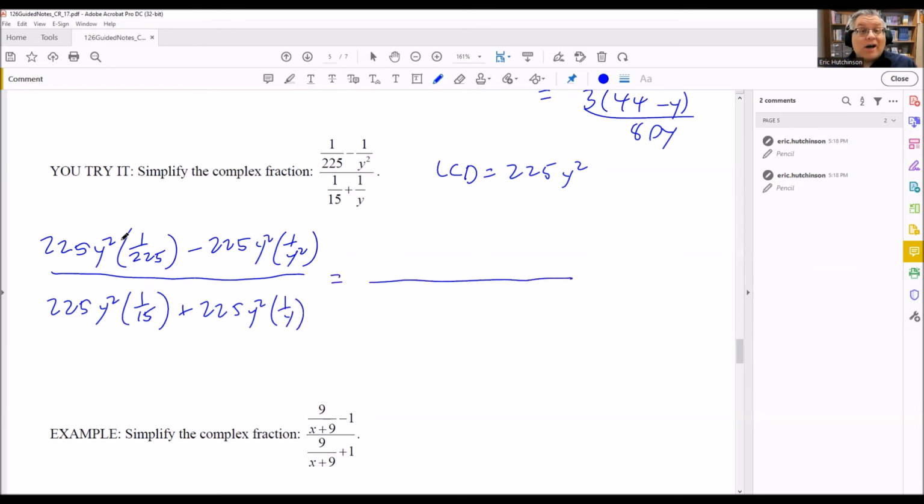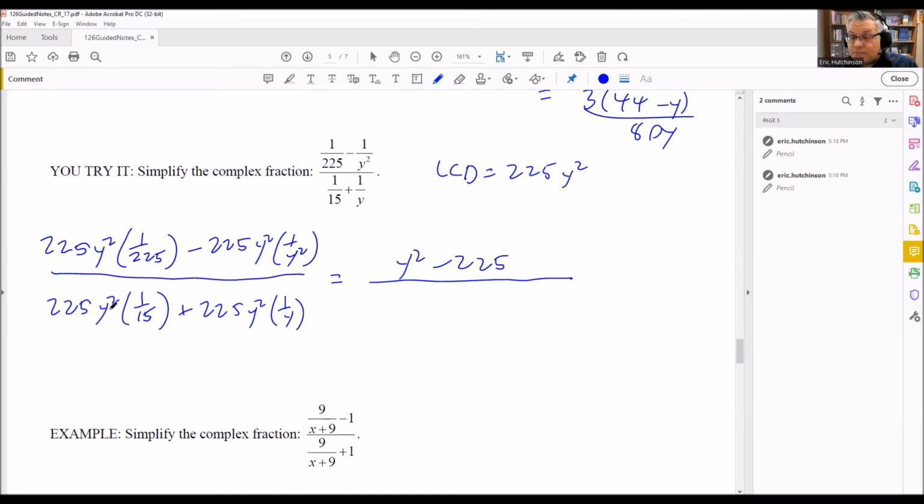Now we're just going to multiply and reduce here. The 225s are going to cancel out, but you end up with a y squared left over. This one, the y squareds cancel out, but you have a 225 left over.